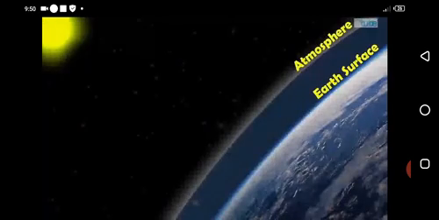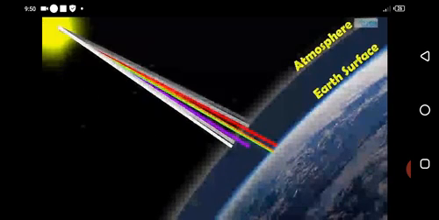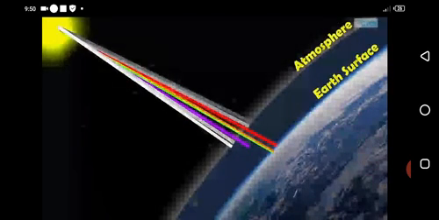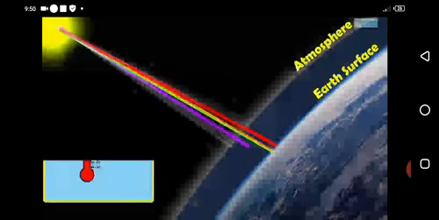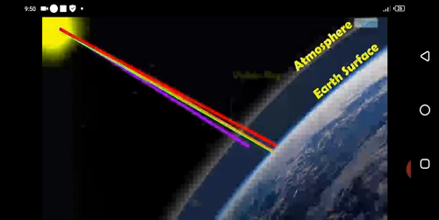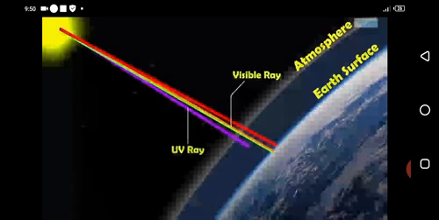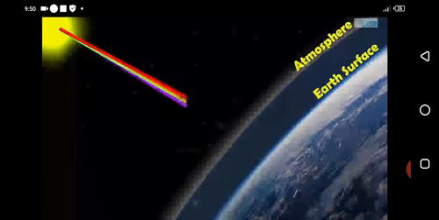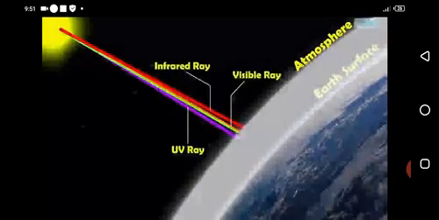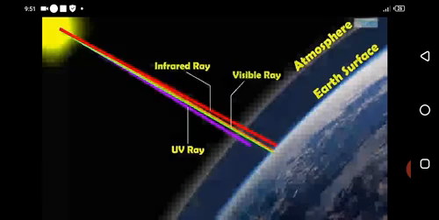Earth is constantly bombarded with an enormous amount of radiation from the sun, which we receive in the form of light and heat energy. These radiations in the form of visible, ultraviolet and infrared have to first pass through the Earth's atmosphere before reaching the surface.